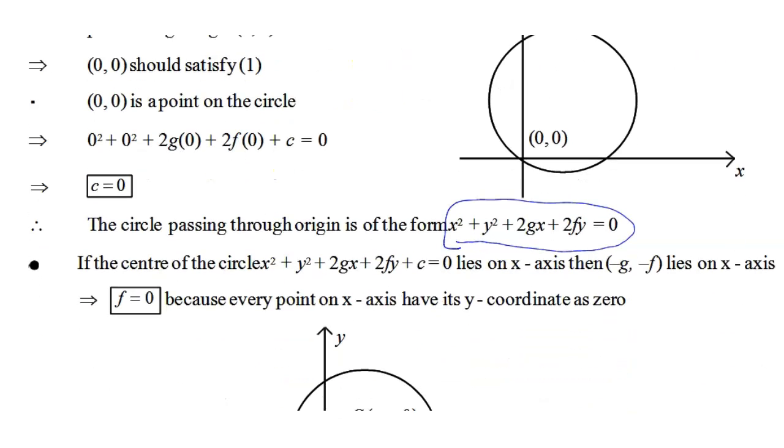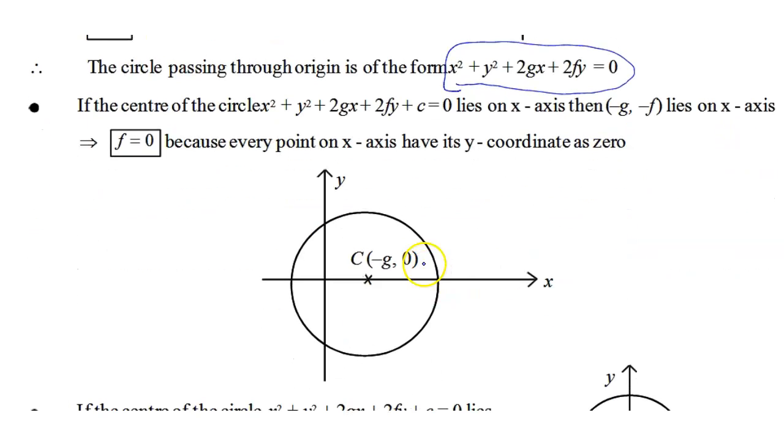Next condition: if the center of the circle lies on the x-axis, then the y coordinate, f, is 0, right? So here the figure is like this. Obviously, if a circle's center lies on the x-axis, the y coordinate of the center is 0.